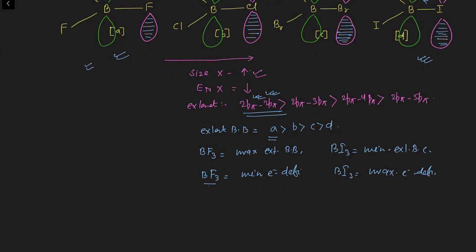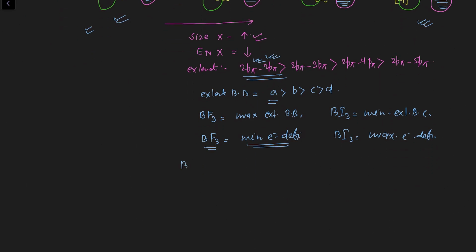So BF3 is minimum electron deficient, meaning it will have the minimum tendency to accept an electron pair. And BI3 is maximum electron deficient, so it has the maximum tendency to accept an electron pair.